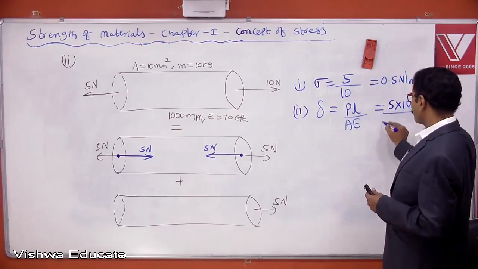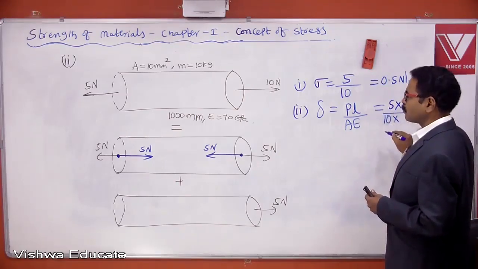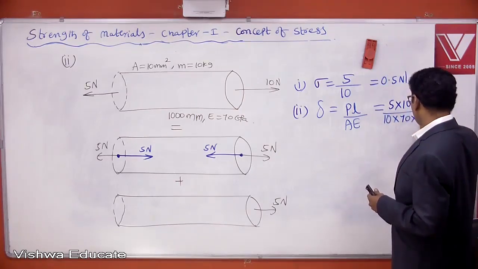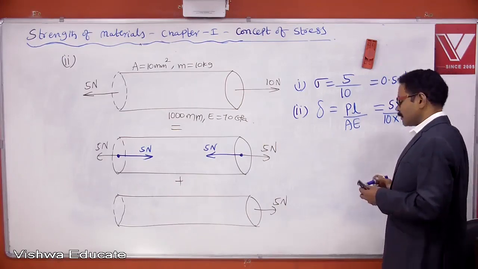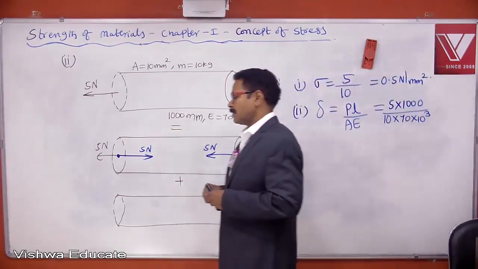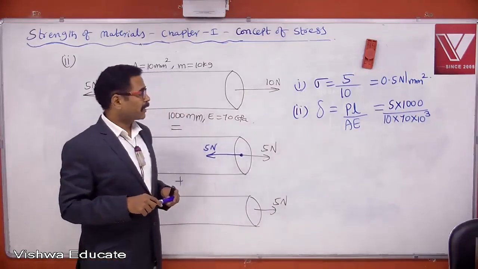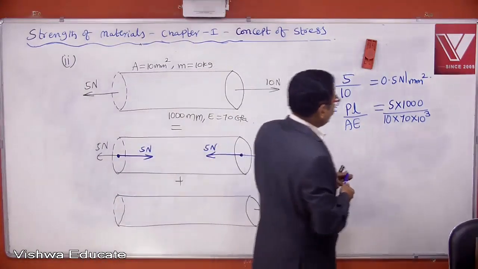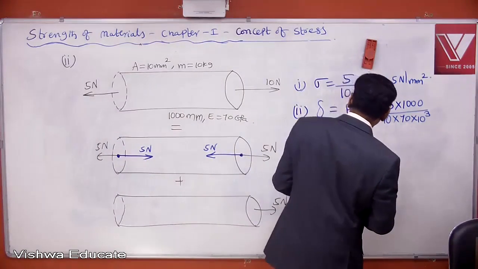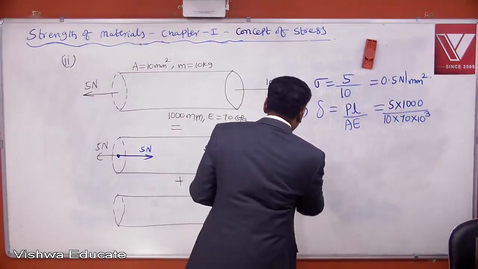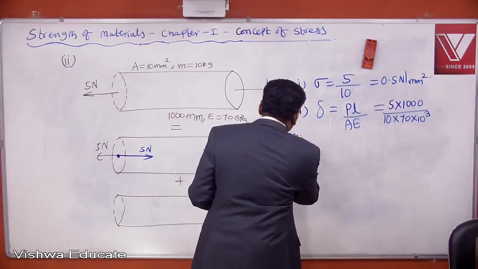What is area of cross section? 10. What is Young's modulus? 70 GPa. 70 GPa means 70 into 10 power 3. So deformation is also there. How much deformation? You may calculate this deformation, right?